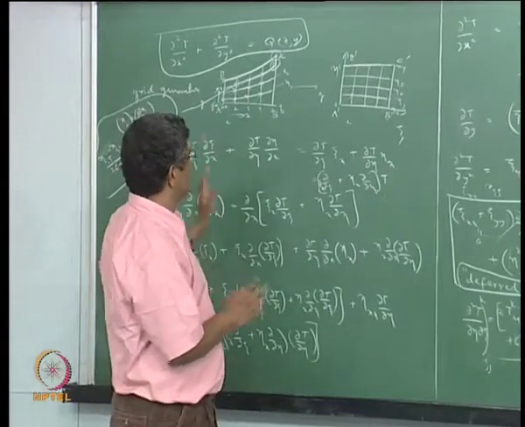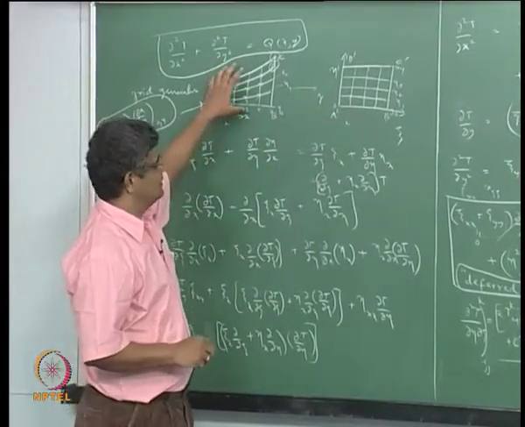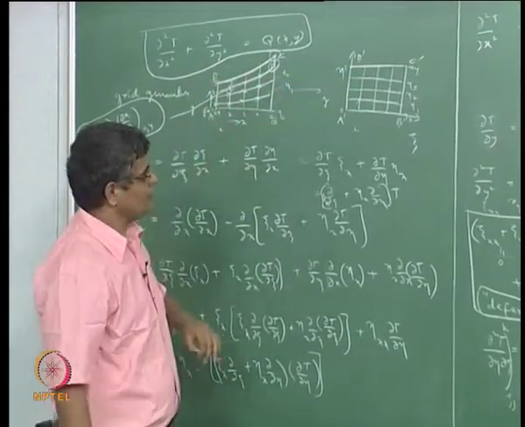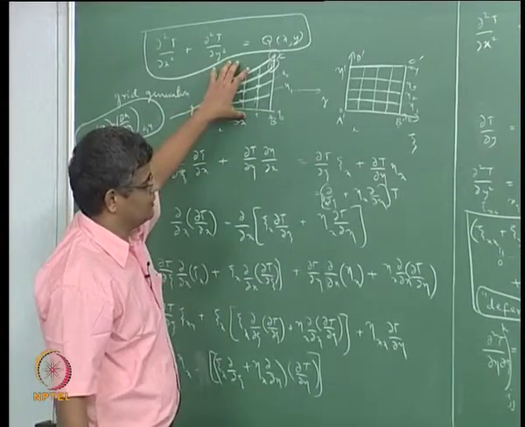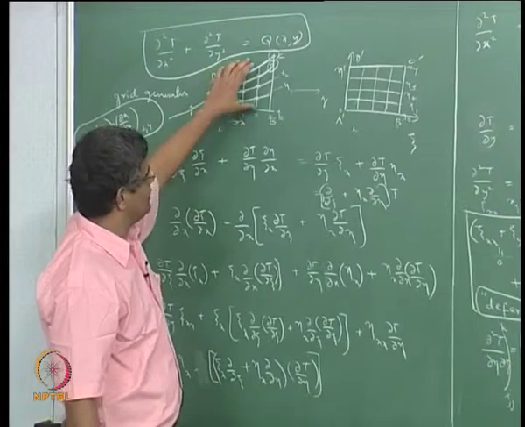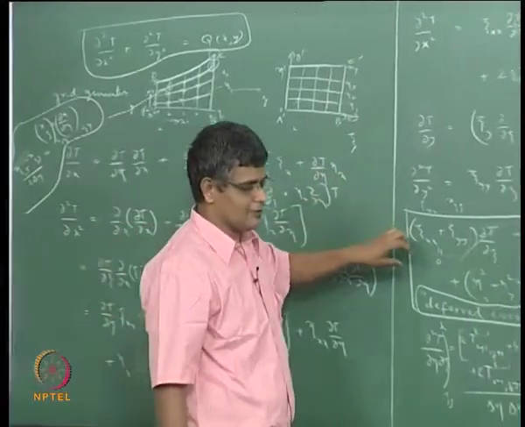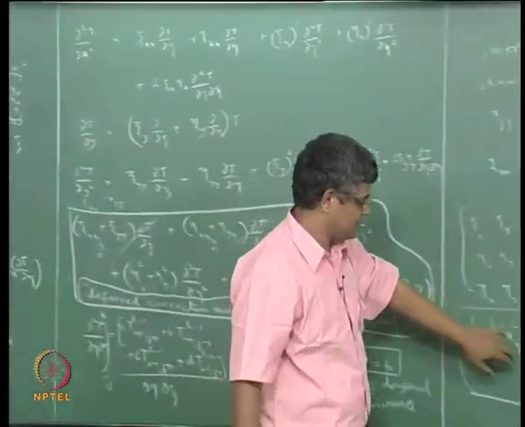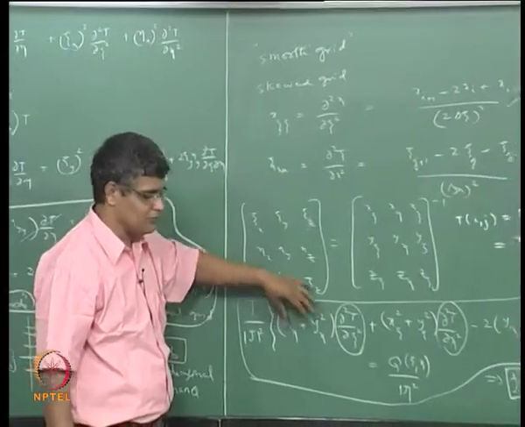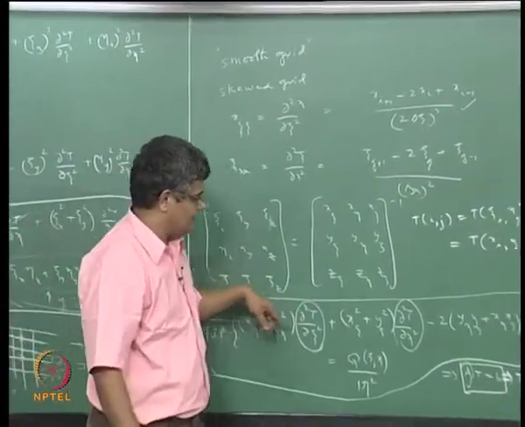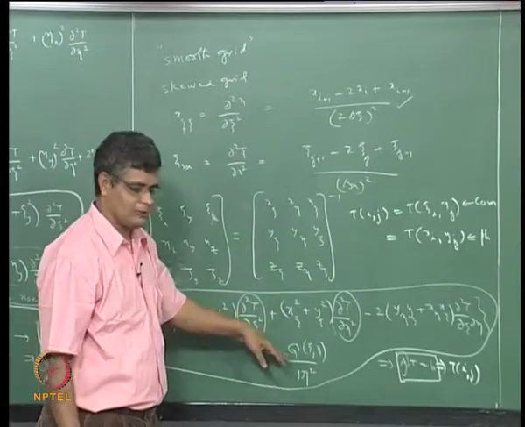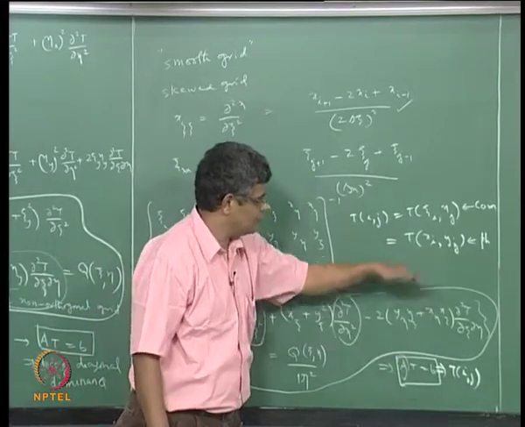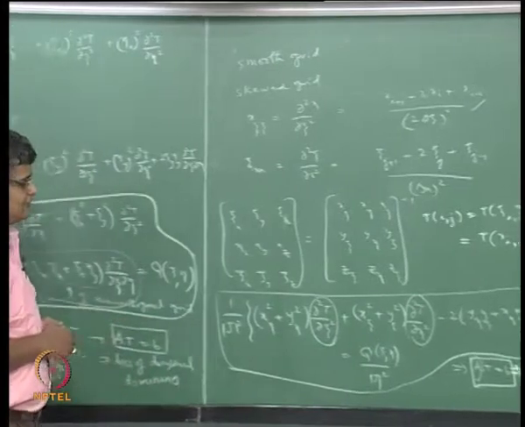So that means that we have to first generate the grid knowing only the boundary transformation, and from the generated grid points, the internal points and the boundary points, we evaluate the metrics of the transformation, and we substitute the values of the metrics of the transformation corresponding to each grid point, and then get a transformed equation in the computational plane, and then we choose a discretization and then come up with AT equal to B, and then we solve this and then finally get a solution.